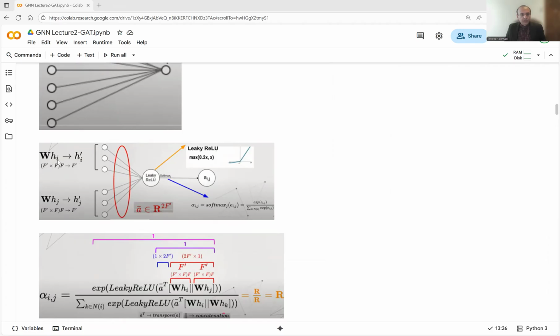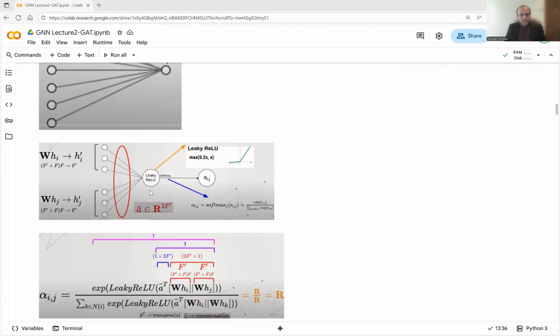For node I, we have Whi, that will result in hi prime, which has a feature dimension of f prime, and similarly for node j we will have h prime j, with a feature dimension of f prime. So we have 2f prime weights that we will have to learn.